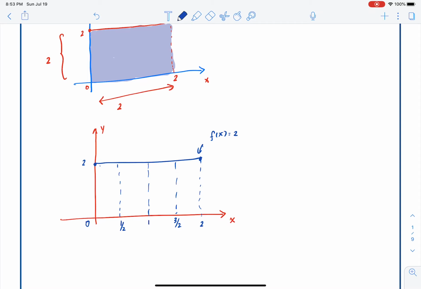So now I end up having 4 different rectangles. I'll call this rectangle or area 1, area 2, area 3, and area 4.